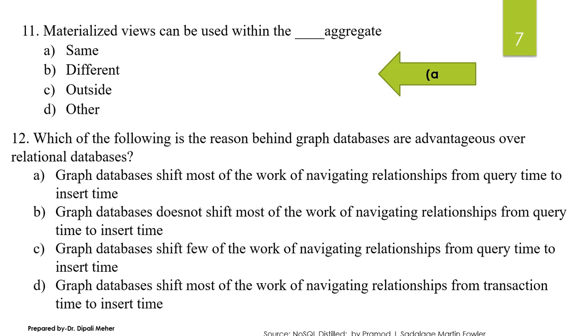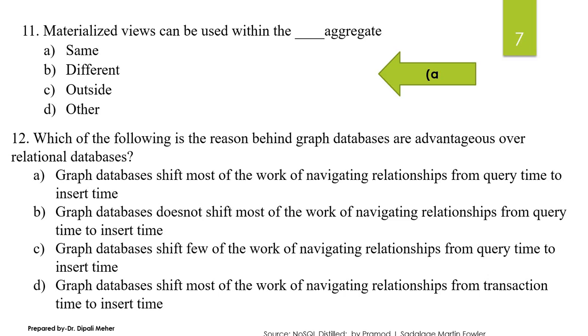Next question is, which of the following is the reason behind graph databases being advantageous over relational databases? And the options are A. Graph databases shift most of the work of navigating relationships from query time to insert time.